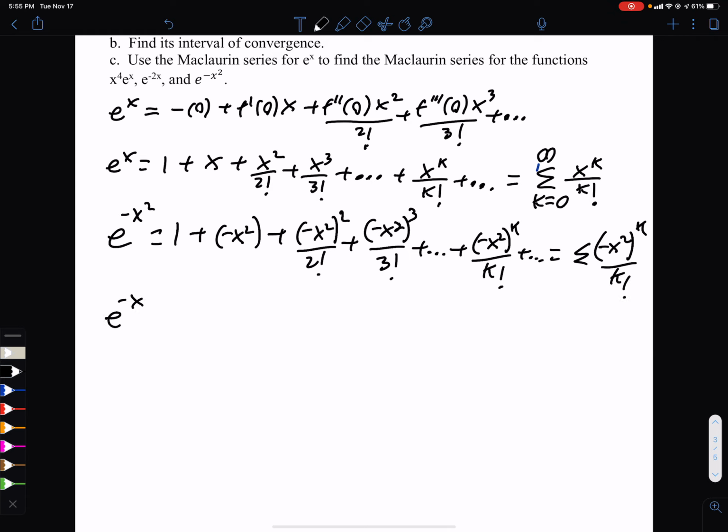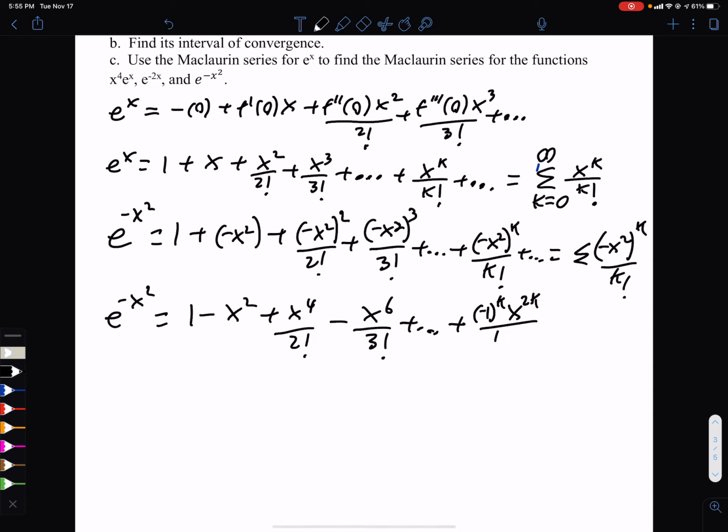All right, simplifying: 1 minus x squared plus x to the 4th over 2 factorial minus x to the 6th over 3 factorial plus dot dot dot plus, okay, here's where it gets weird. I need a minus 1 to the k. Then I want x to the 2k over k factorial plus dot dot dot.